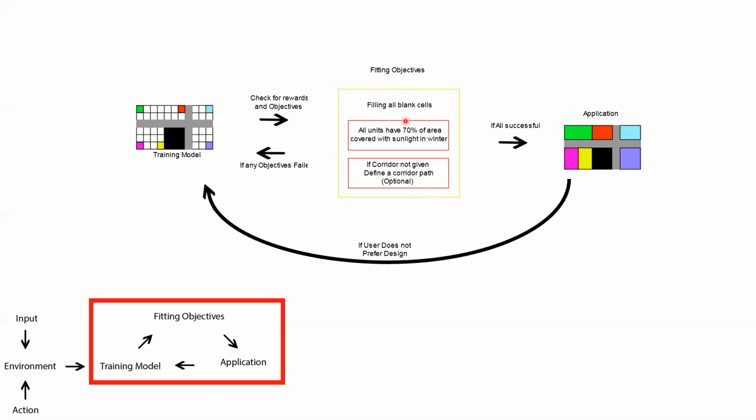Now I'm working on making all units have 70% of their areas covered in sunlight in winter. And the corridor objective is something that, if I have time at the end, I'll proceed to work on. But for now, I'll only be trying to achieve the 70% objective.